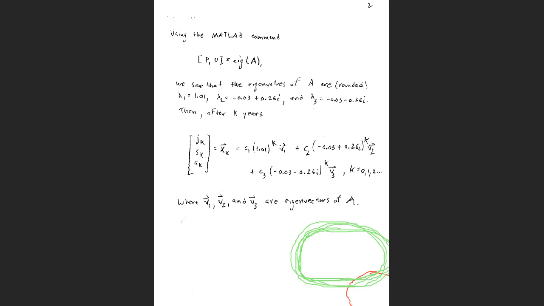Those terms are a complex number times an eigenvector, so you'd get a complex eigenvector, and we can't interpret that in terms of real numbers of juveniles, subadults, and adults. Okay, so far are we good? This should be helpful for MATLAB assignment number 4.